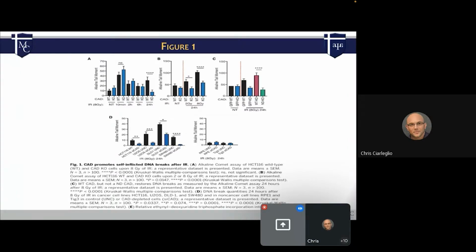So in this first figure, the researchers measured the amount of DNA breaks in different types of cells using the alkaline comet assay, which is basically a way to measure the amount of DNA breaks within a cell when it's being irradiated.